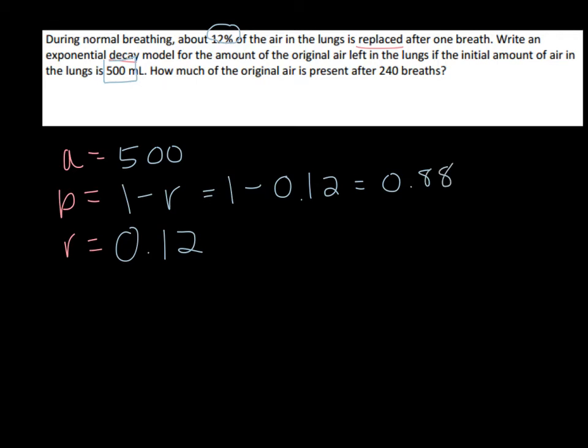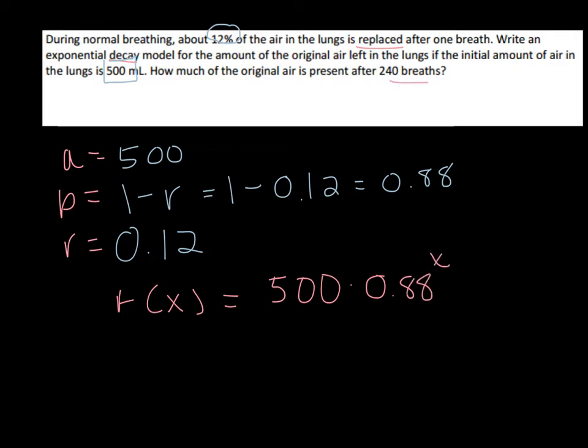So my function, which is in the format a times b to the x, is going to be f of x is equal to a, 500, times b, 0.88, to the x power.